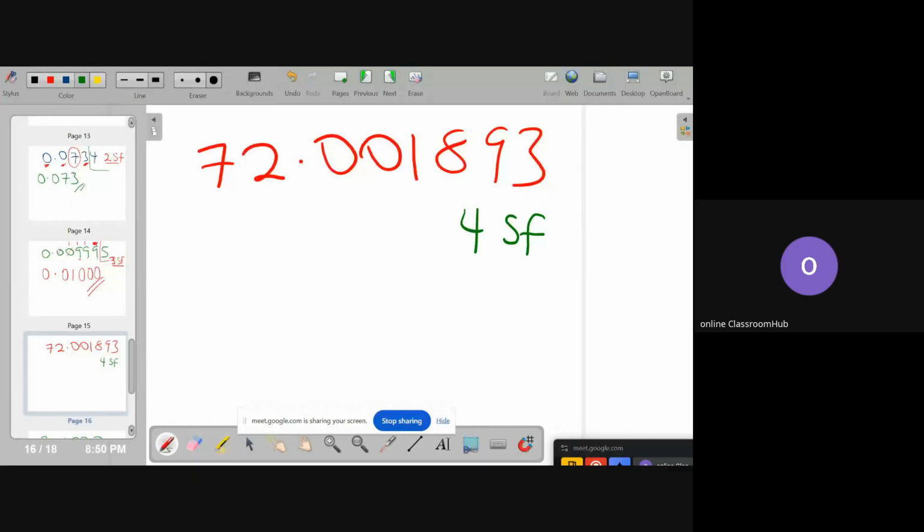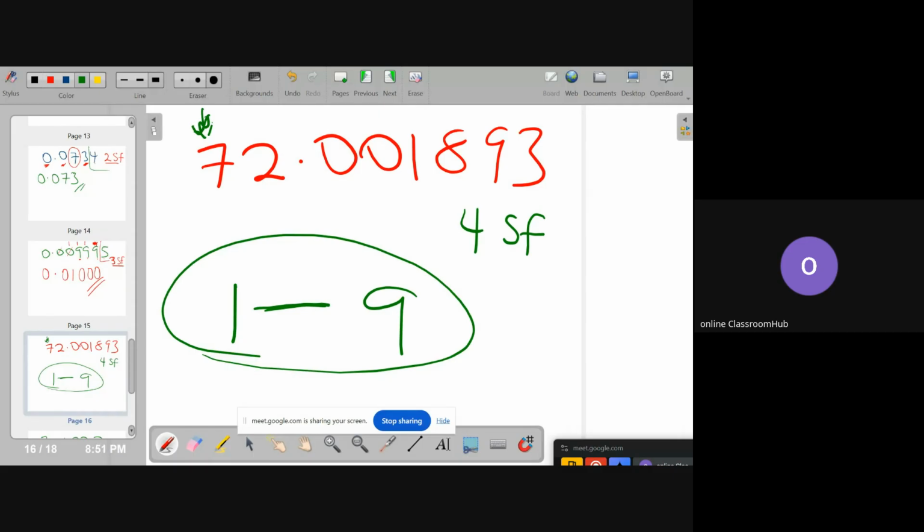From what you have been told, all integers from 1 to 9 are significant. Any number from 1 to 9 is significant. So looking at the digit I have there with a red pen, I can say that this 7 is my first SF because the 7 falls within this range, which is significant. So 7 is my first SF.